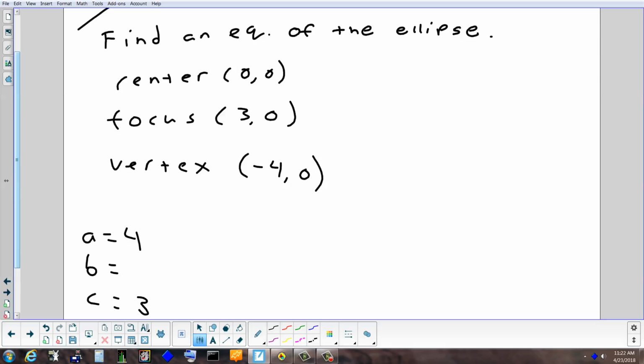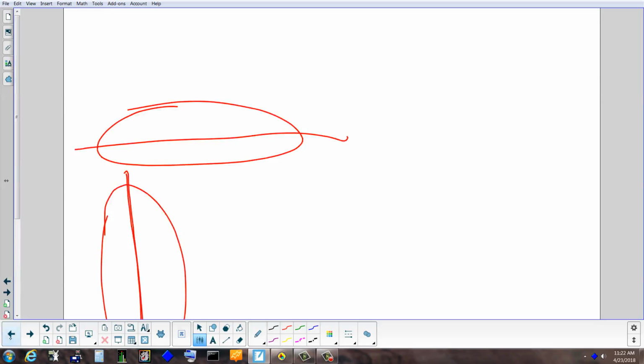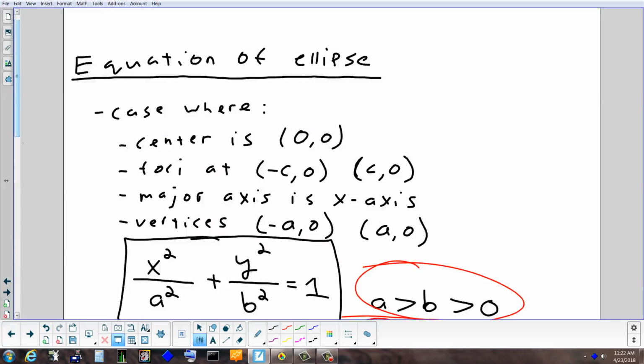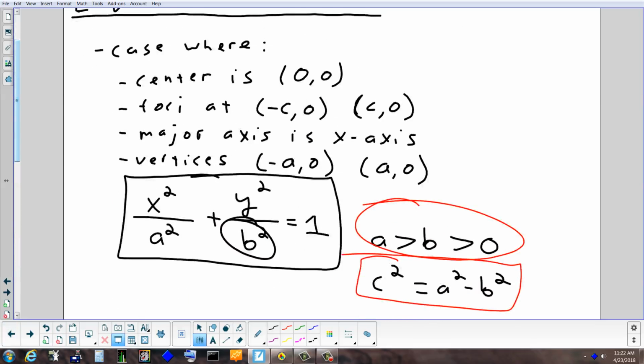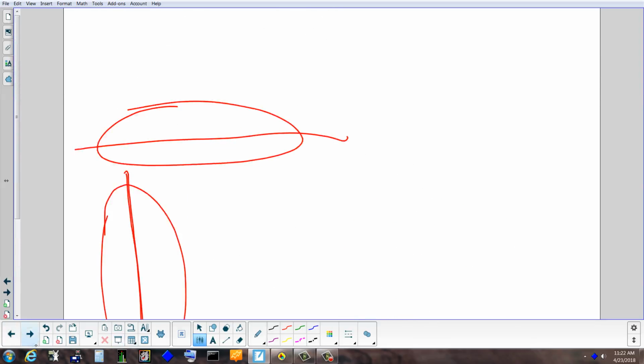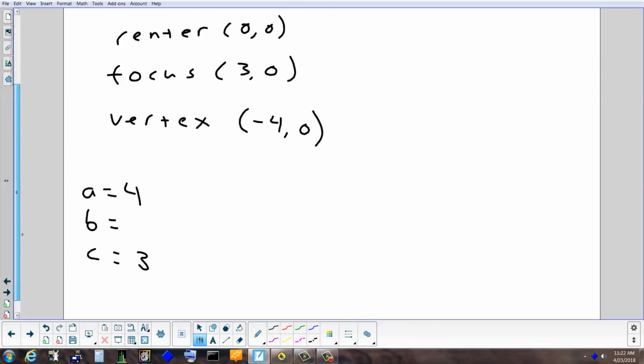So now we've got A and we've got C, but the letter we really need to write the equation is B. We have to find this. So we've got x squared over a squared plus y squared over b squared equals 1.